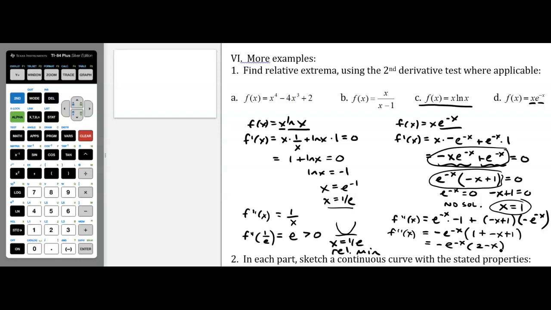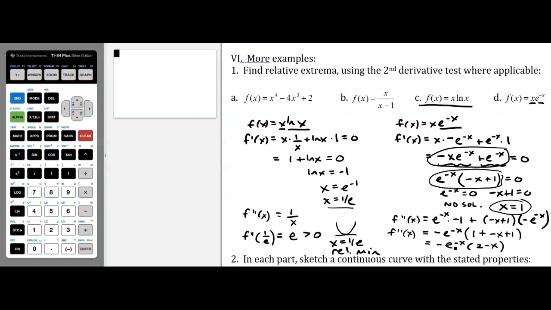Okay, so think about what x value we need to plug into this, and then based upon that we should be able to draw our conclusions. So the x value that we want to plug into this is x equals 1, because that's where our first derivative was equal to 0. So if I plug x equals 1 in here, it's going to give me a negative of e to a negative power. So negative e to the -1 is the same as negative of 1 over e to the first.